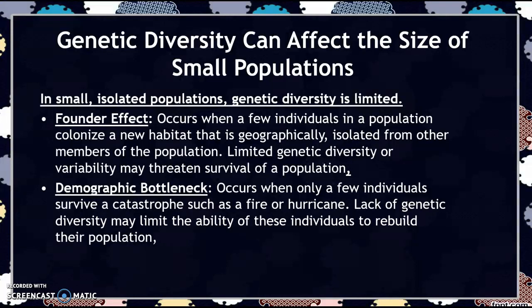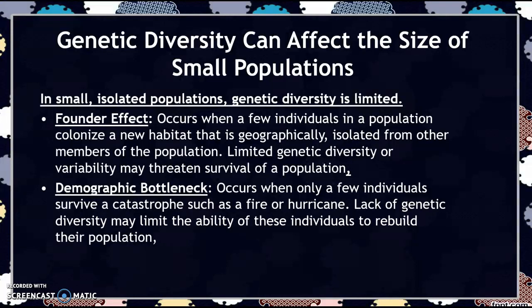This limited genetic diversity or variability can threaten the survival of a population. So think of it like a few of us moved to a completely remote island. The only genes that are going with us are the ones that we already possess. So all of that genetic diversity that's in the entire population no longer exists because only a few individuals are actually starting this new population.